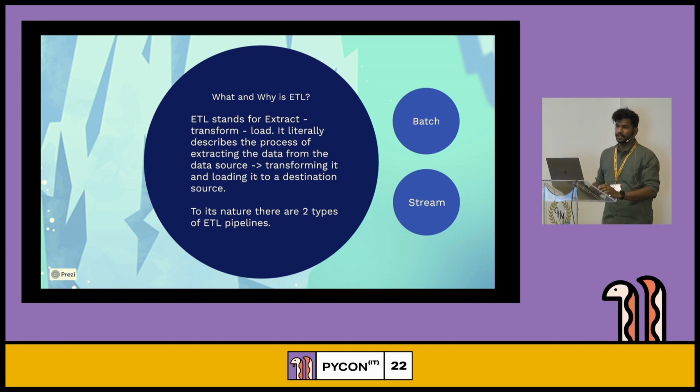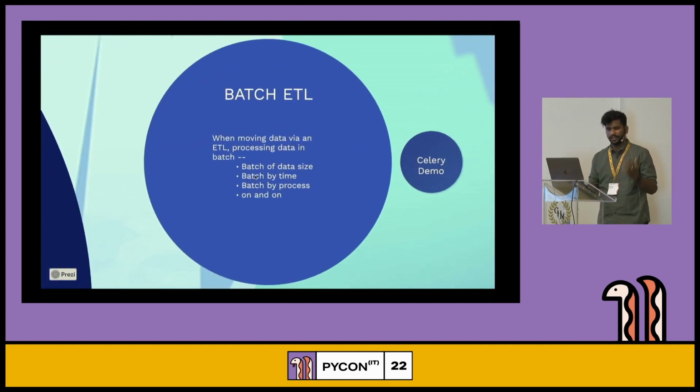But these transformations could be anything, and could be multiple. So it could be E, T, T, T, L, and stuff like that. So there are two types of ETL currently. Broadly, batch and stream. Batch I already told you about. It's sort of like taking your data in small sets of pieces.